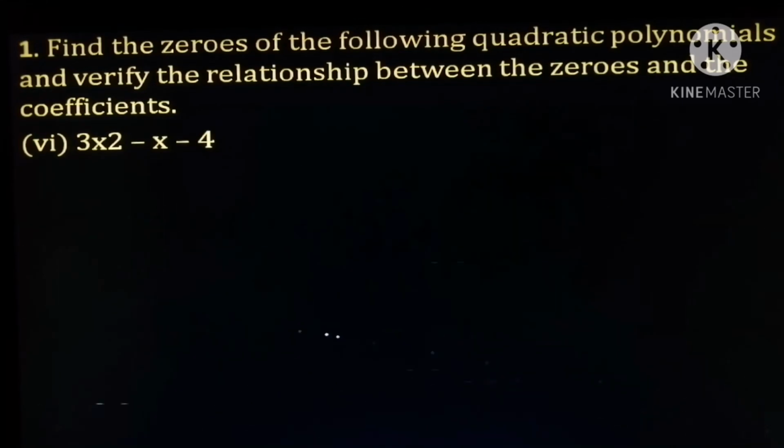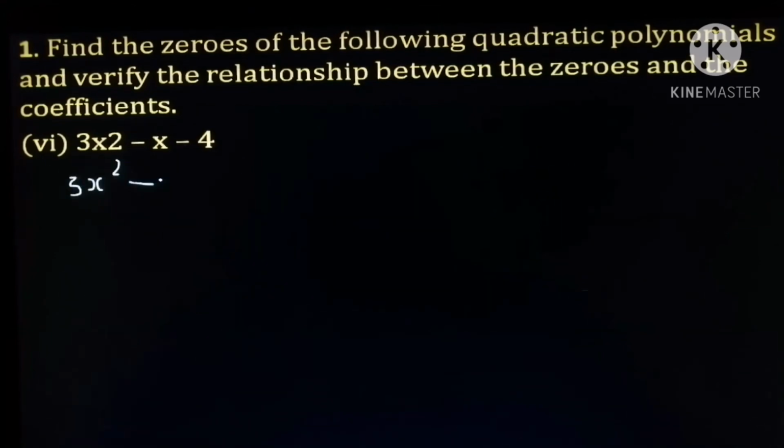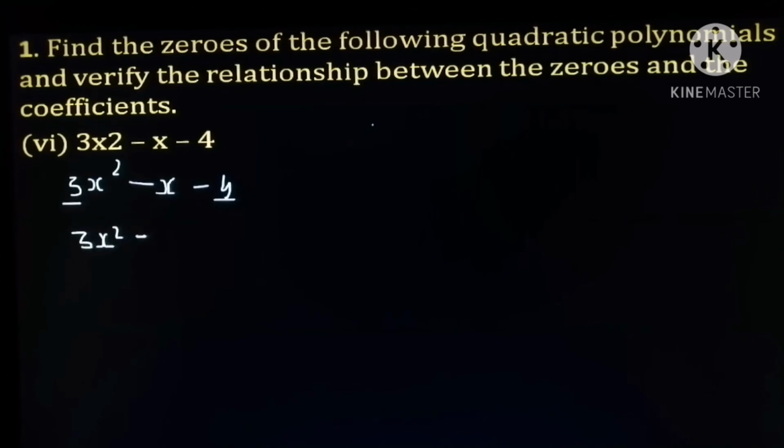Now let's move on to the last question. So here what we have is 3x square minus x minus 4. Equation is in standard form, no problem. Now you will take the coefficient of x square and x to the power 0. 3 4s are 12. So the product should be equal to 12. Such numbers are 4 and 3 themselves. So what you can take is 3x square plus 3x minus 4x minus 4.